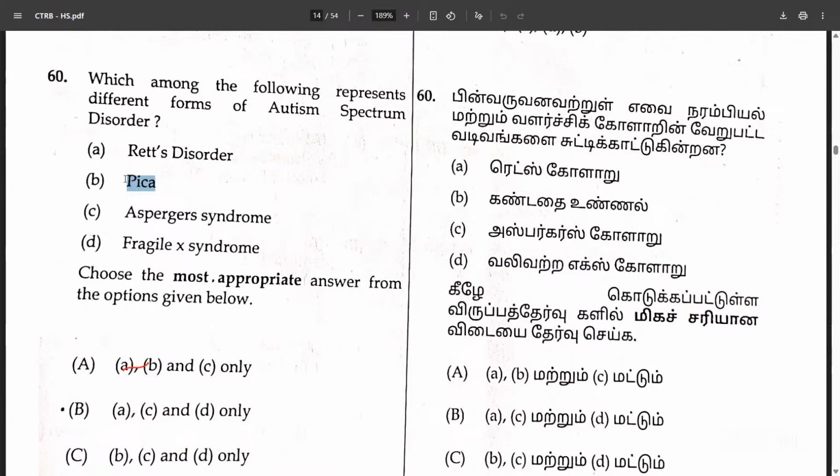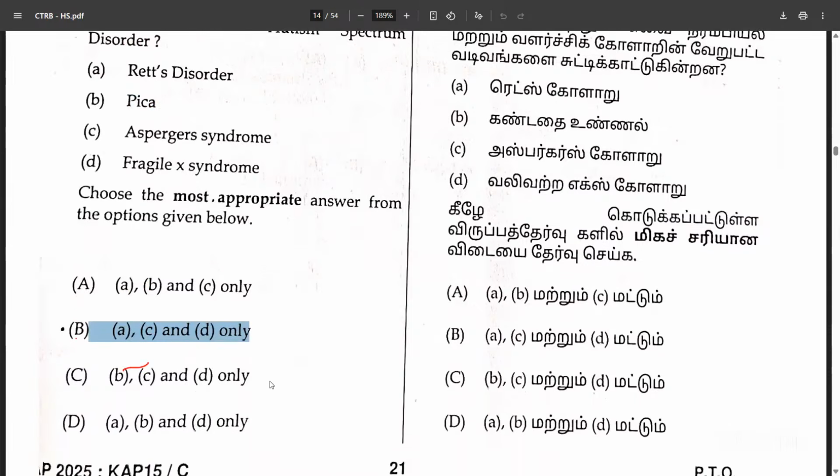Pica is actually an eating disorder where a person has a tendency to eat everything other than food. They'll eat mud, sand, chalk, but not food. So you'll simply eliminate Pica and you'll get your right answer for the representation of autism. Rett's disorder, A will be there, C will be there, and D will be there. So B will be the correct answer for the 60th question.